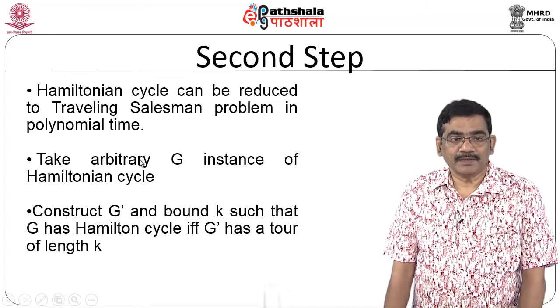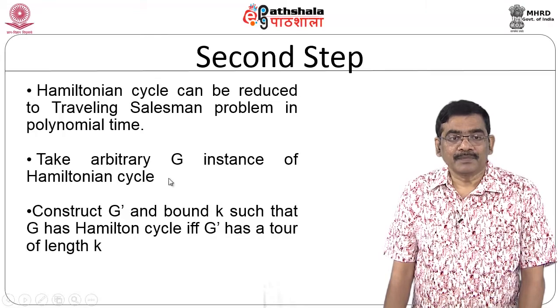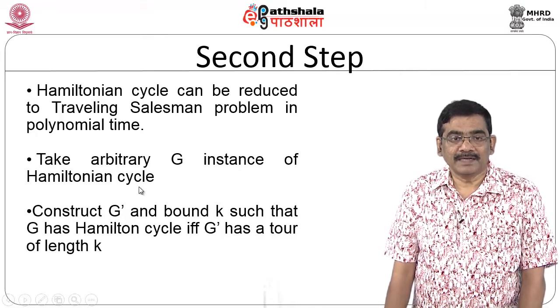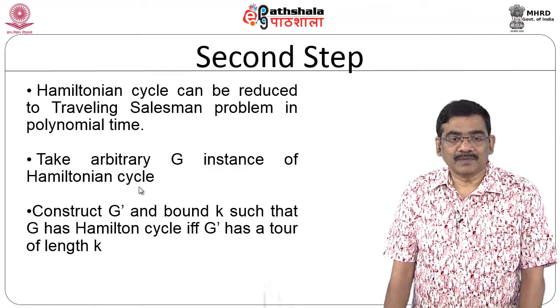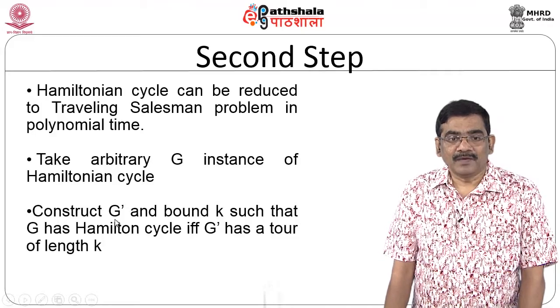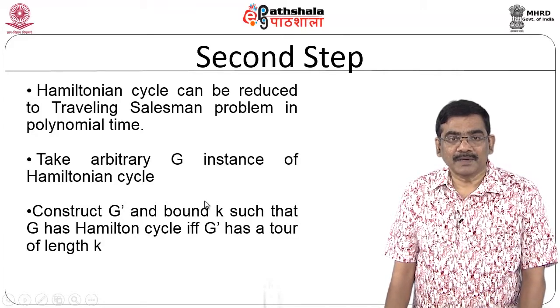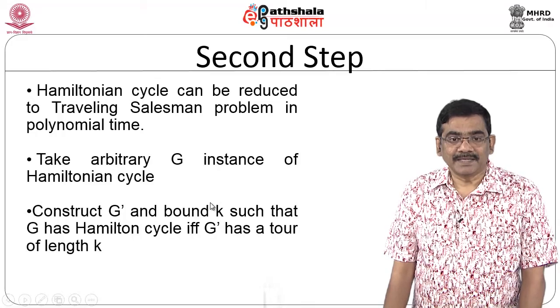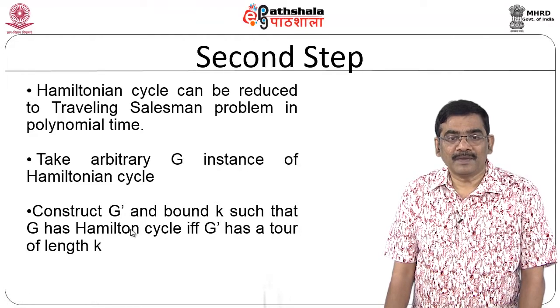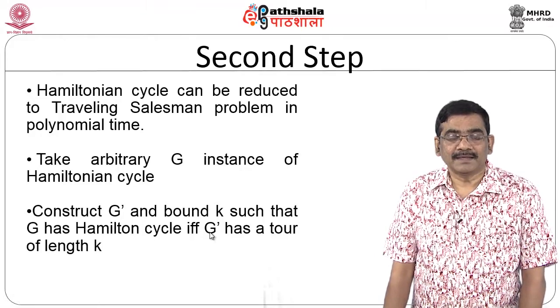So, what we are trying to do is take an arbitrary instance G of the Hamiltonian cycle problem, and construct a graph G prime, and give a bound integer k such that the graph has a Hamiltonian cycle if and only if G prime has a tour of length k.